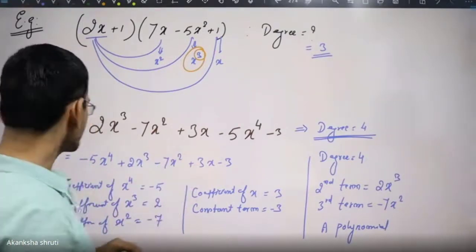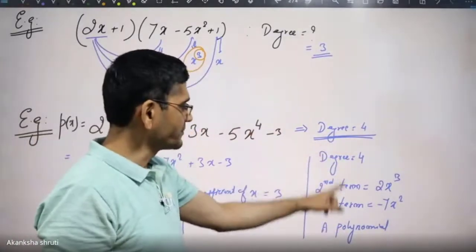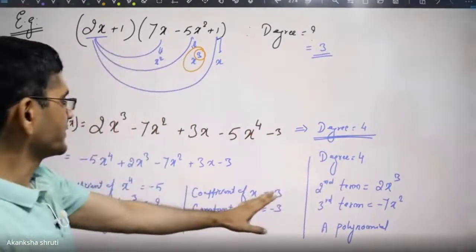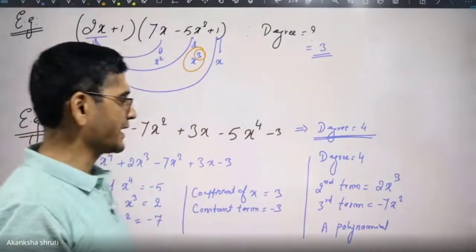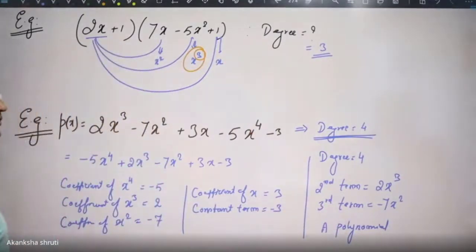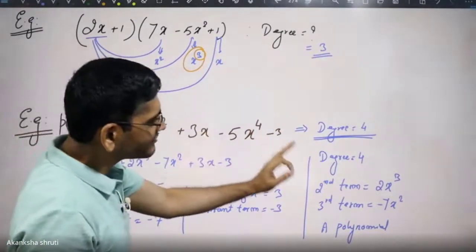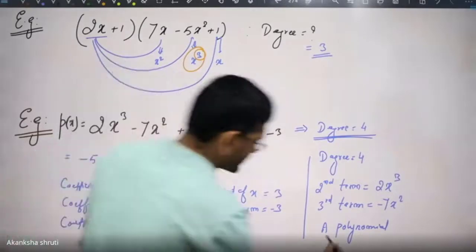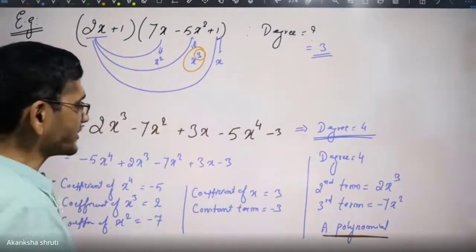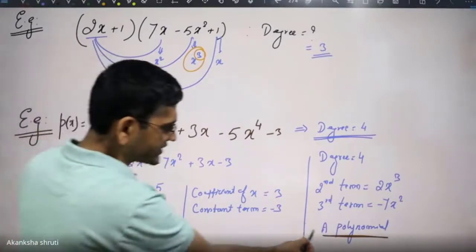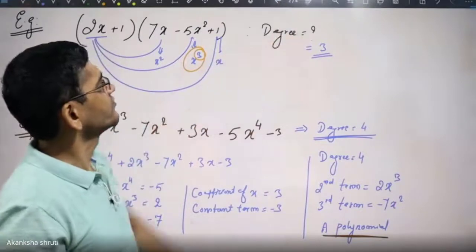Here I have just explained what the terms are, what we mean by degree, what we mean by coefficient, and what we mean by constant term. But student, for understanding whether it satisfies the definition of a polynomial or not, I have just written yes, a polynomial, but we need to apply two things.